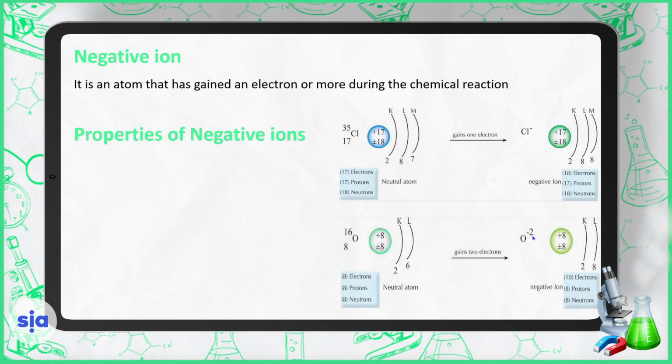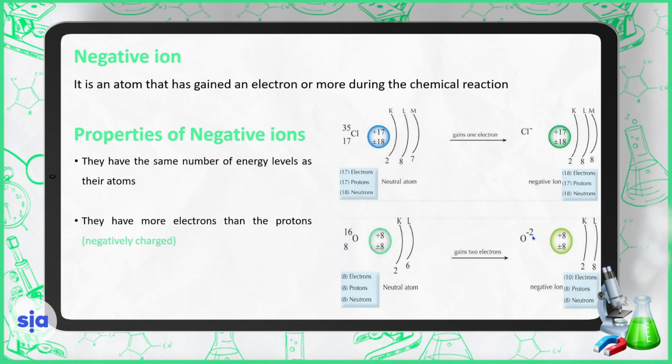Properties of negative ions. They have the same number of energy levels as their atoms because they gain electrons, and this is the opposite to the metals. They have less number of energy levels because they lose electrons. They have more electrons than protons, and this is also the opposite to metals, which have more protons than electrons.